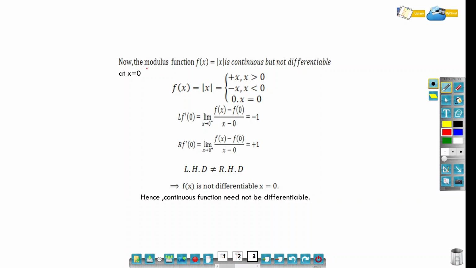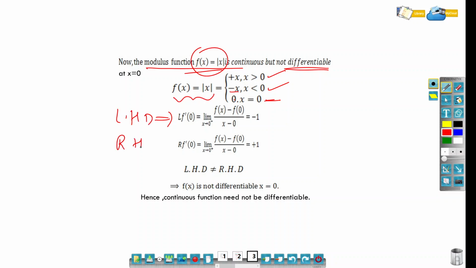That is the modulus function. The modulus function is continuous but not differentiable. Rewrite this modulus function like this: for all x greater than 0, it is x; for all x less than 0, it is minus x; at exactly 0 it is 0. Now calculate the left hand derivative and the right hand derivative.